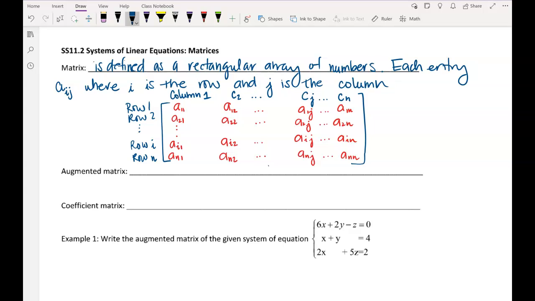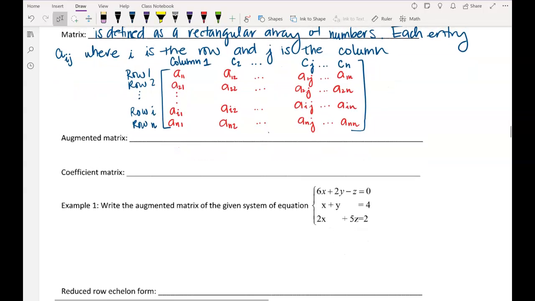Augmented matrix. So an augmented matrix is a matrix used to represent a system of linear equations.